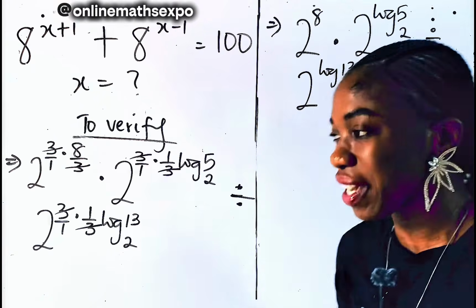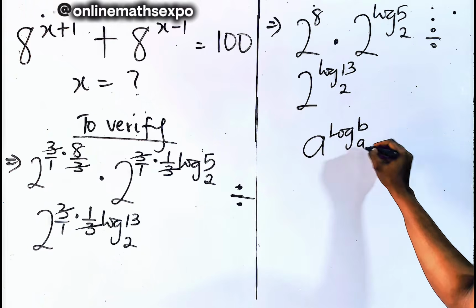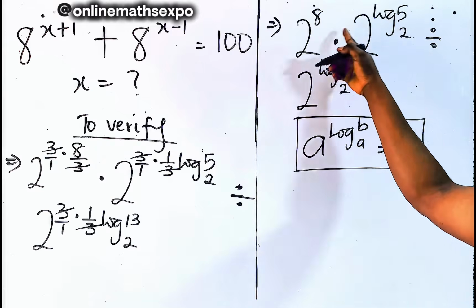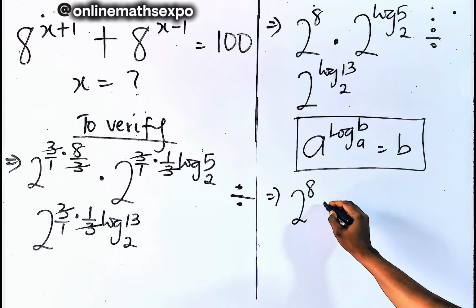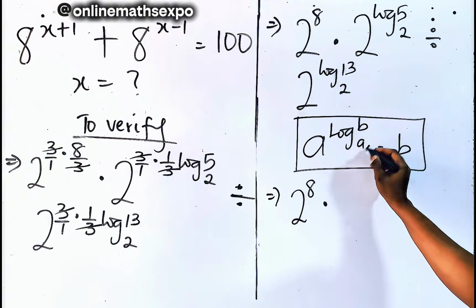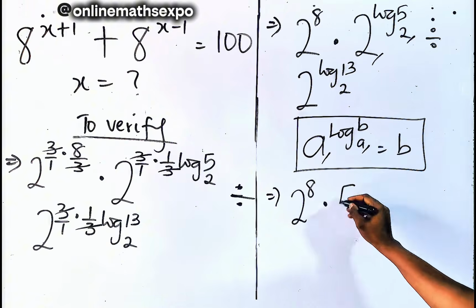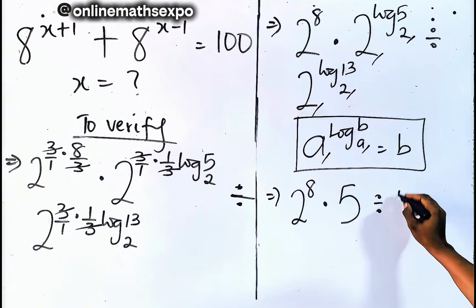Now quickly remember, for every a to the power of log of b base a is always this number b. So we are going to apply it here: 2 to the power of 8 multiplied by, you see that these two bases are the same, so we have b as well. So it's going to give us 5, then it's divided by, these two are the same, so we have 13.